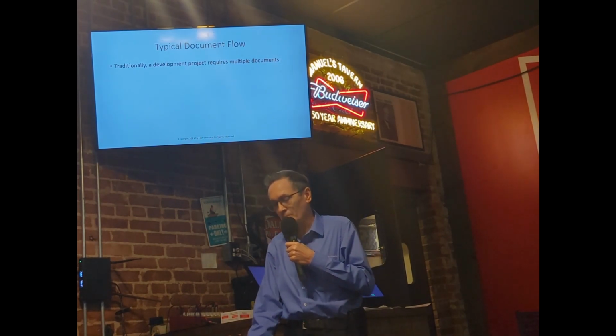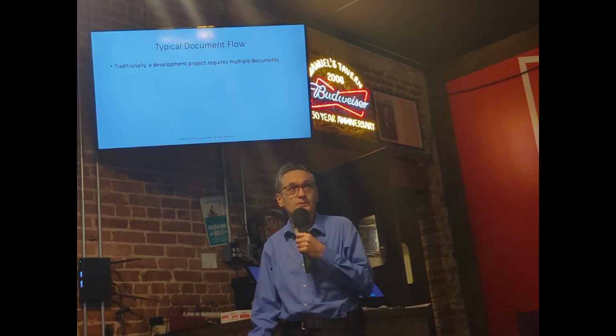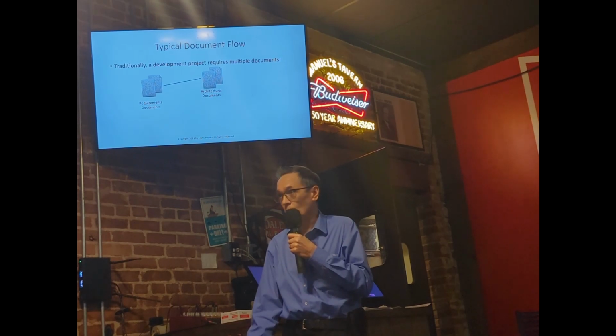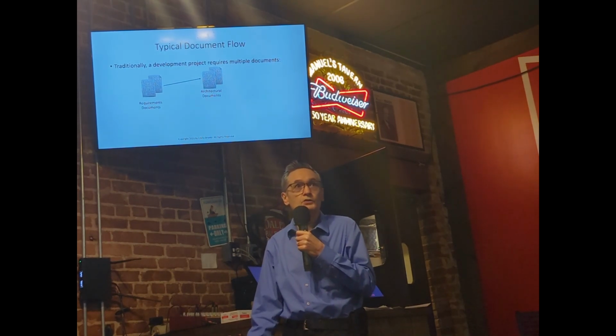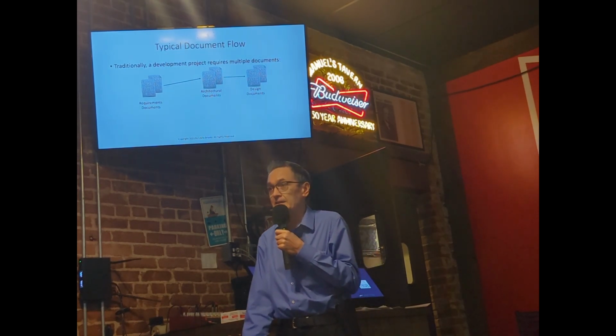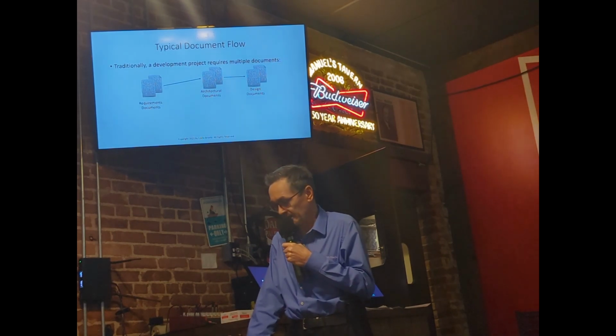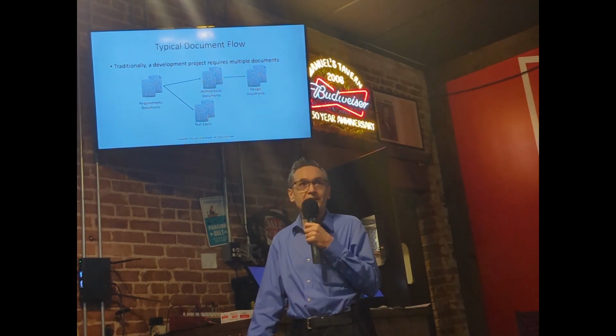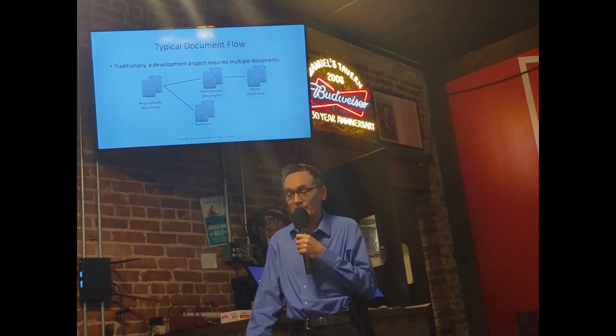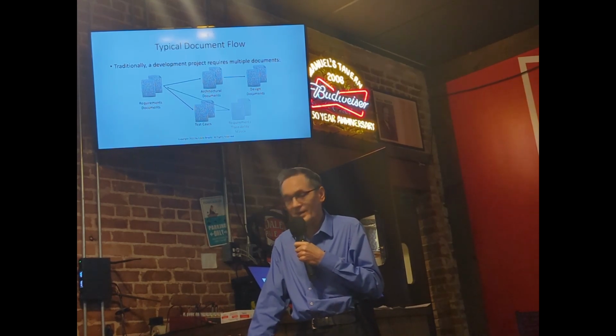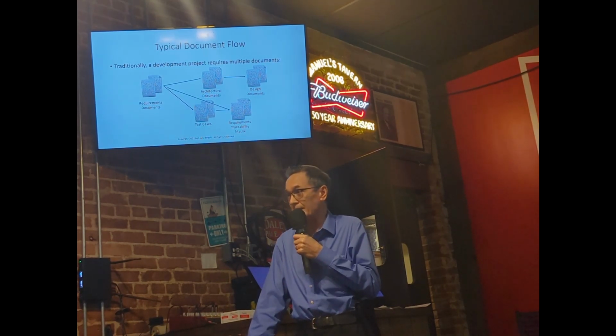Traditionally, a development project requires a lot of documents. You've got the requirements documents, you've got the architectural documents, you've got the design documents, detailed design documents, you have the test cases created by the QA team, and then you have a requirements traceability matrix.